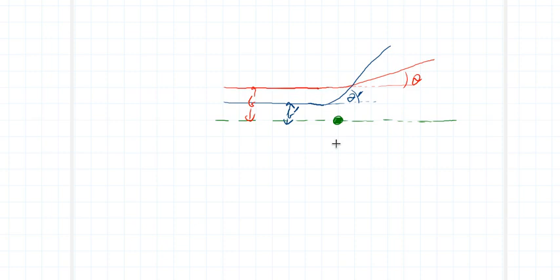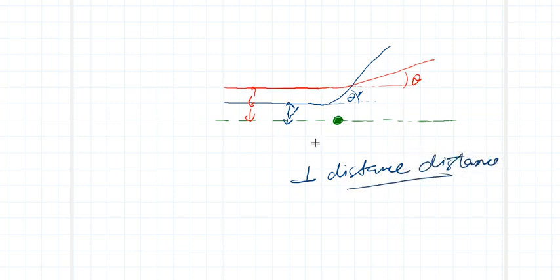This impact parameter is a very important parameter. It's basically a perpendicular distance, so you will find the definition in terms of the perpendicular distance, but the actual meaning is this one. This is the meaning of the impact parameter.